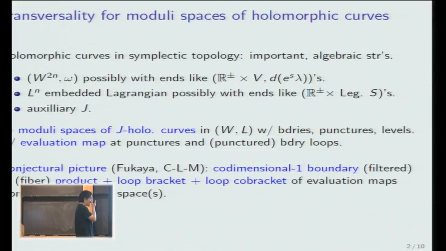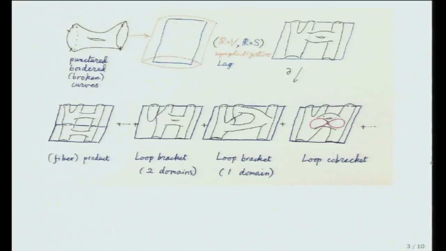For example, the loop bracket and cobracket are operations on the loop space. And here is the picture. For example, we have a genus 1 surface with two boundary components. Over here, we have one positive puncture and one negative puncture, and here we have two positive punctures and one negative puncture. It maps into, for example, a symplectization, which is just R cross a contact manifold.